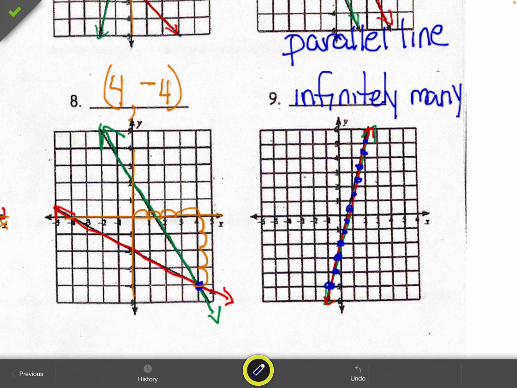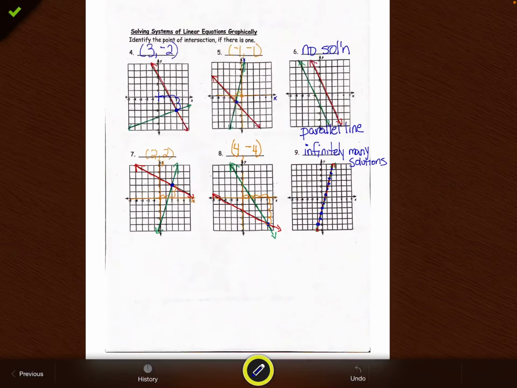And you can see we could pick infinitely many. So that's your answer. Okay, there are infinitely many, and you probably should write solutions. Okay, we don't expect you to write all those ordered pairs out because you can't. Because lines go on forever, so you'd never stop writing.